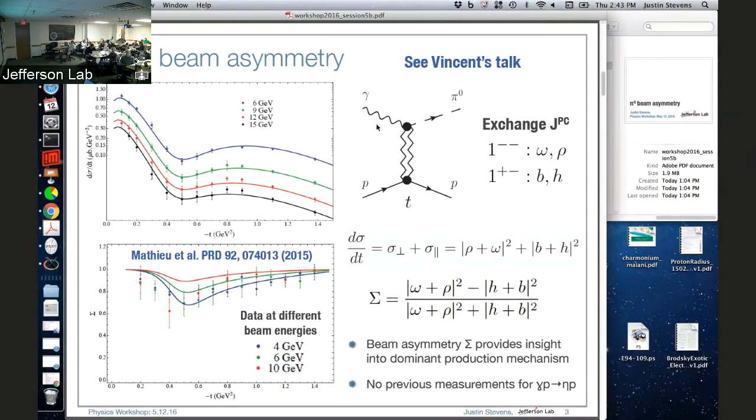And we're learning something about the production mechanism in the exchange of producing these pi zeros. So this is a model I think Vincent will say something about, and we're using this model inside the GlueX software to generate these events and fit them based on the details of that model there.